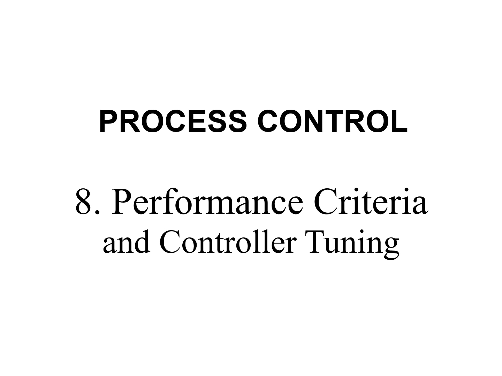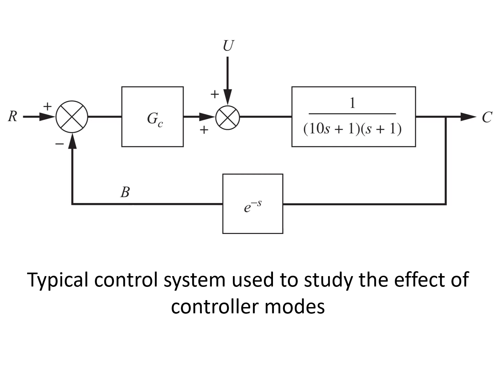Okay, this is a typical control system that we can use to demonstrate this issue. It doesn't matter really too much about the system. It's a second order system with a dead time, but it can be any other system. But mainly it is the controller that we are going to highlight further.